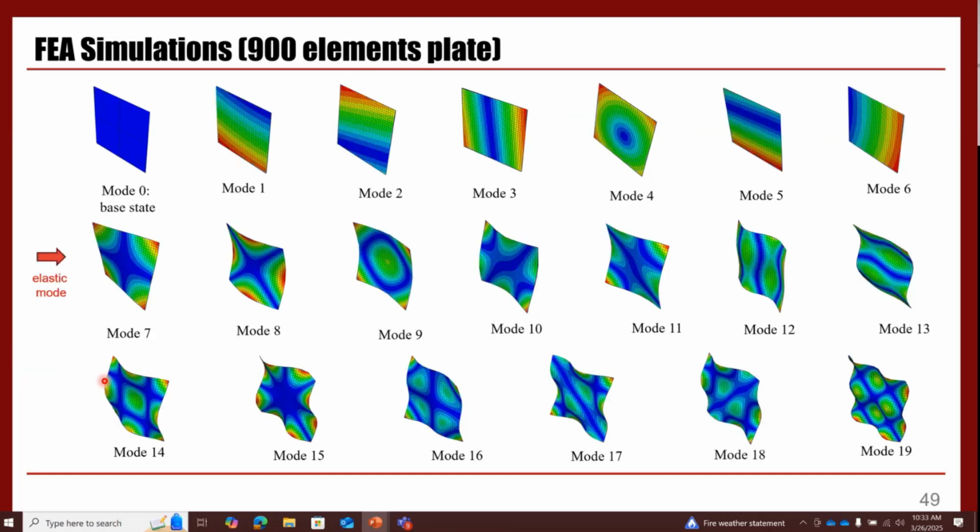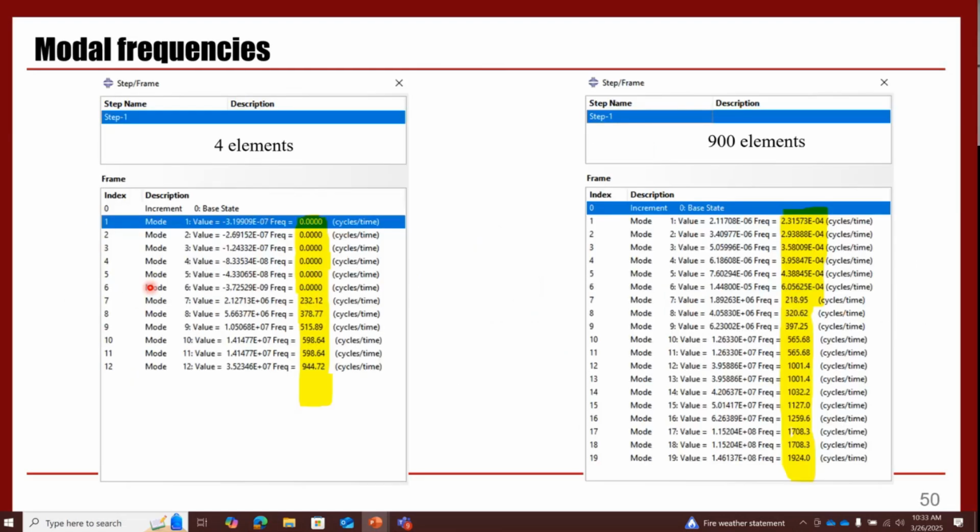And then for the second configuration of 900 elements, which is a much better refined meshing, we were able to obtain higher modes, up to way more than 19. And the similarity is that the first elastic mode is also seen at mode 7, which is similar to the 4-element plate. So we compared the frequencies for all the modes for the 4-element and the 900-element, and the error is less than 10%.